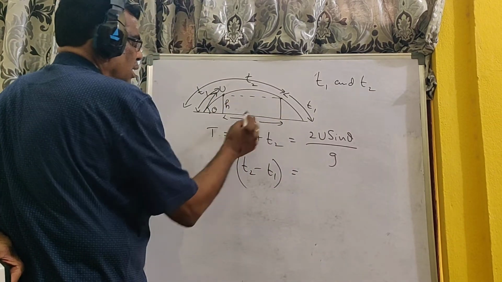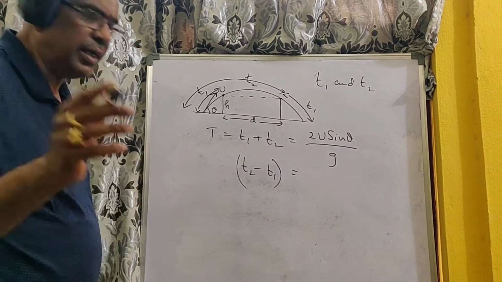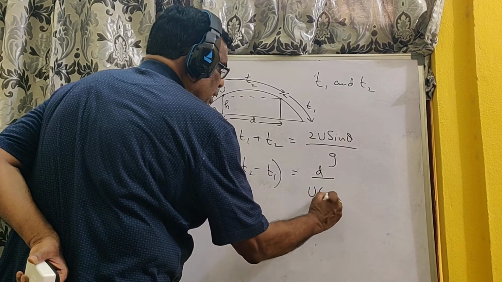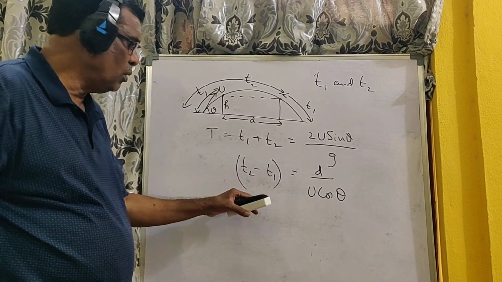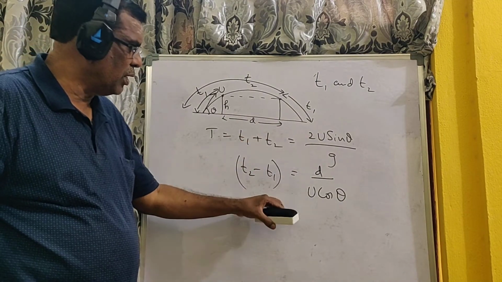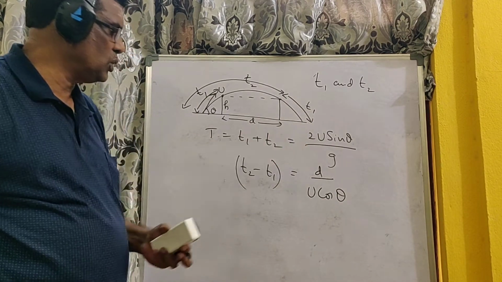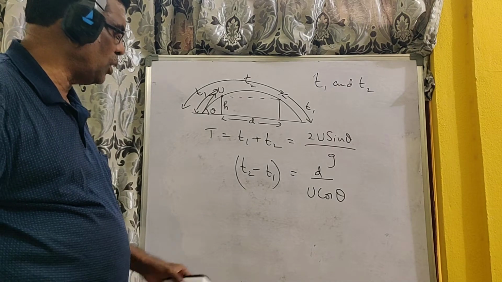U cos theta. What is the displacement in the horizontal? D. Therefore, it is d by u cos theta. Now, these two are given. So from this you can find out what is u sin theta and what is u cos theta.